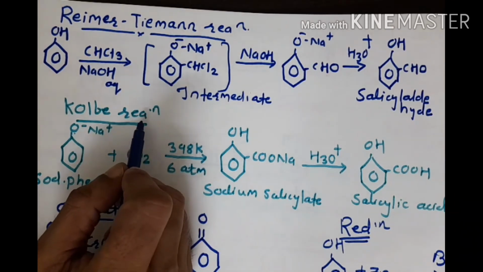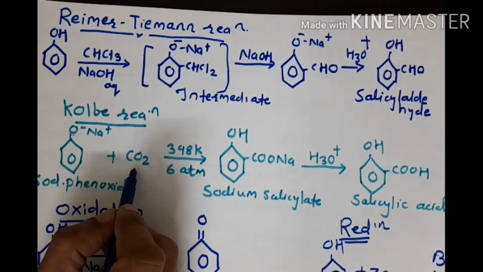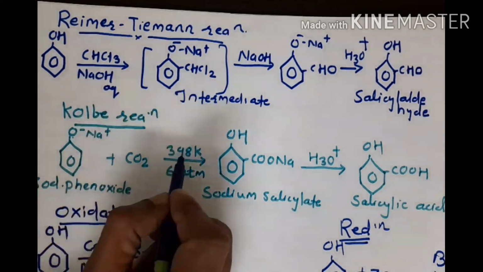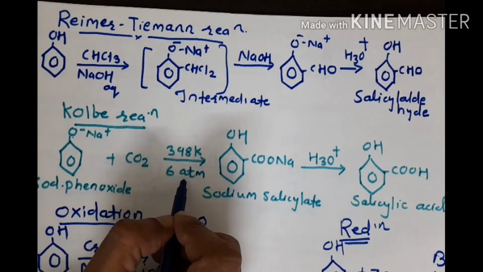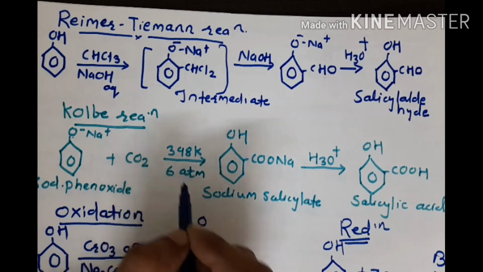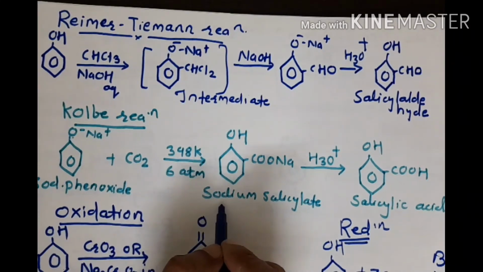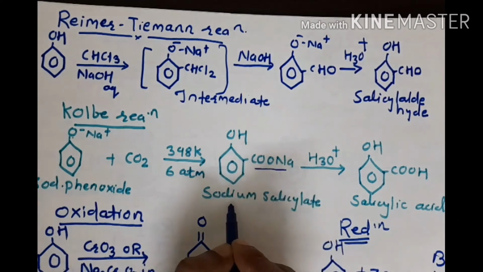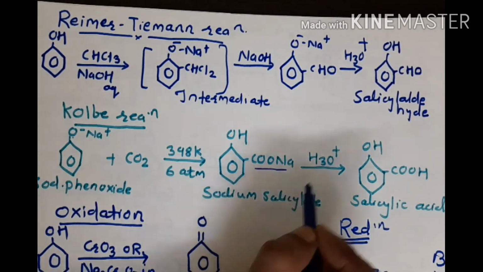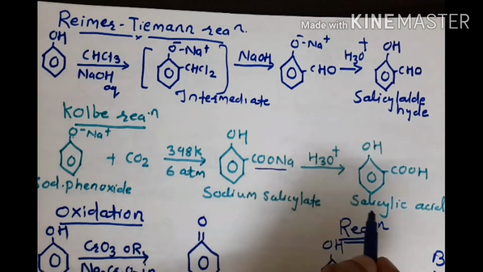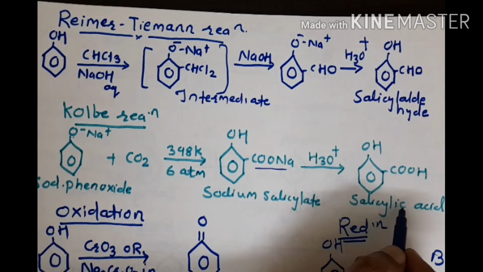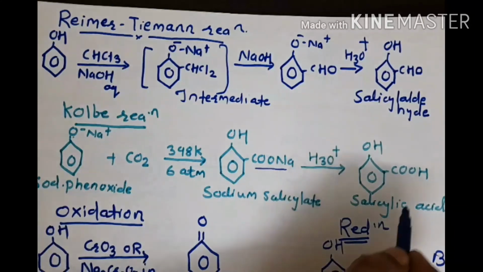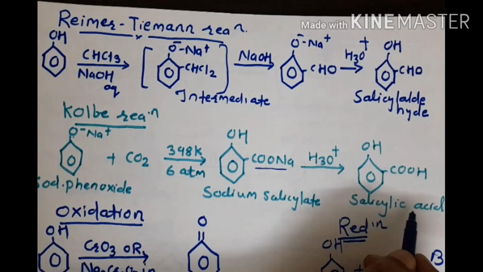In the Kolbe reaction, carbon dioxide gas when passed through sodium phenoxide at 398 Kelvin under 6 atmospheric pressure first gets converted into sodium salicylate, COONa, which on further acid hydrolysis gets converted into salicylic acid. The carboxylic group is attached to the aromatic ring. The compound is salicylic acid.